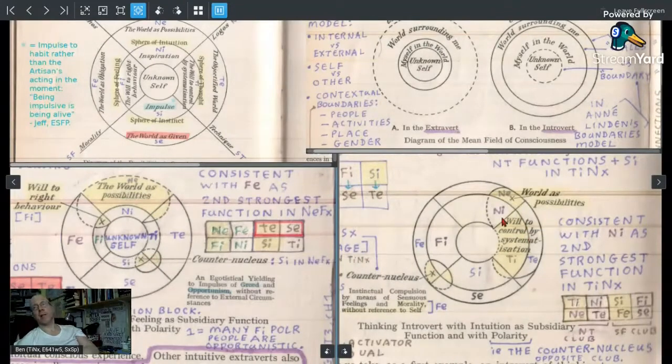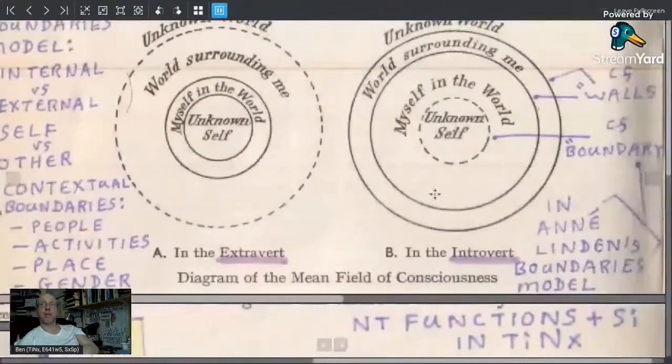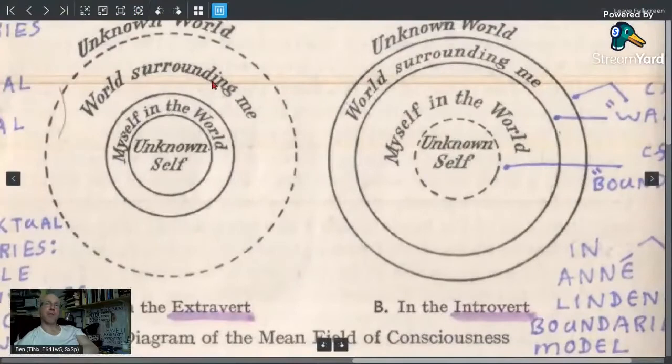And then you've got here INTP, all the NT functions here. And you've got the counter club, the counter nucleus, and the conscious field of conscious orientation of the SF functions. And you can see the similarity there between this model and Model V. Right. Oh, yes. ENFJ. This idea of the focus of attention is on the world rather than myself in the world.